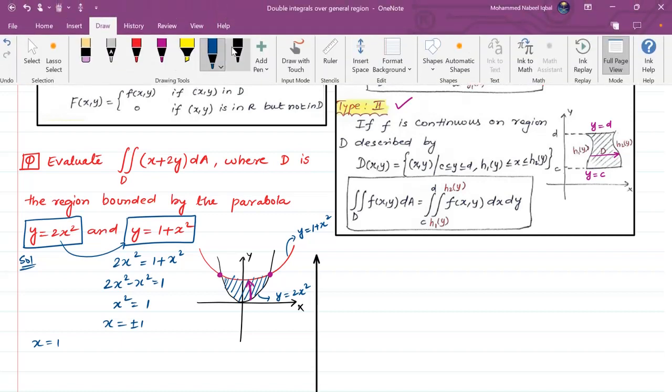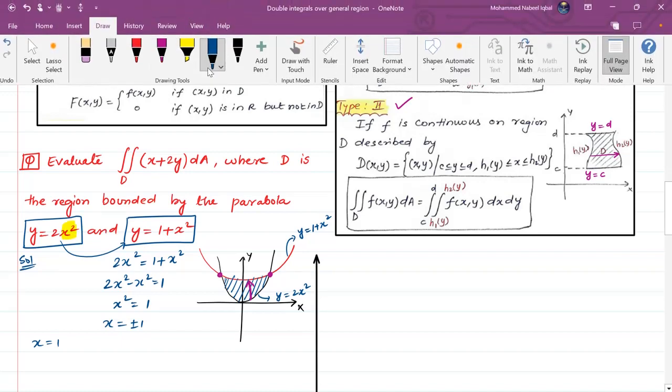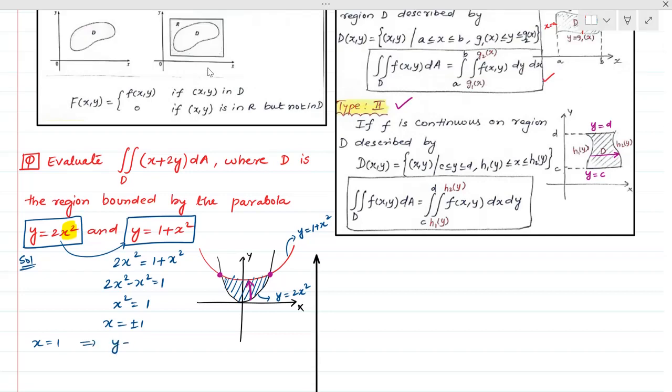I substitute the x value in any one of the equations. So the y value is equal to 2. Now x equals minus 1, then the y value is again 2. So you will get the points 1 comma 2 and minus 1 comma 2.